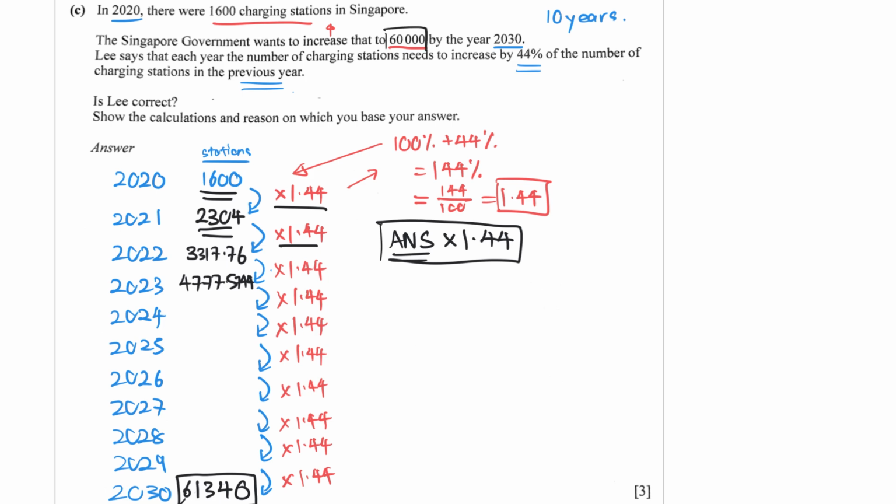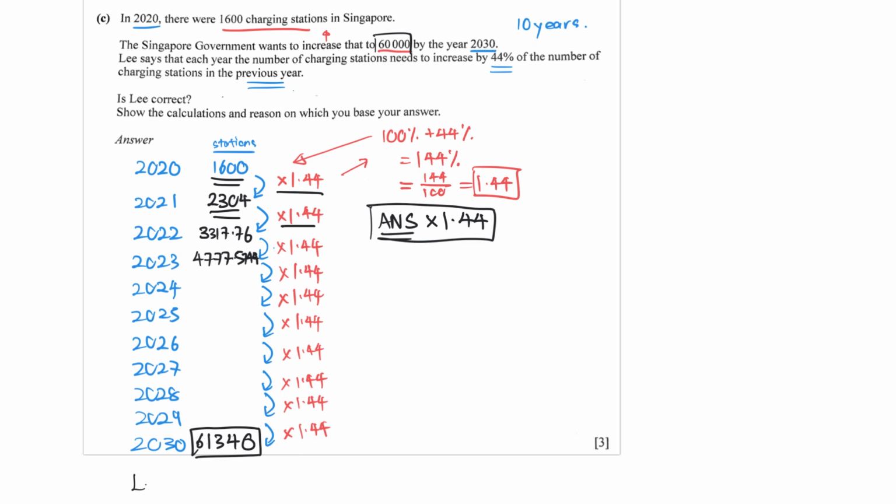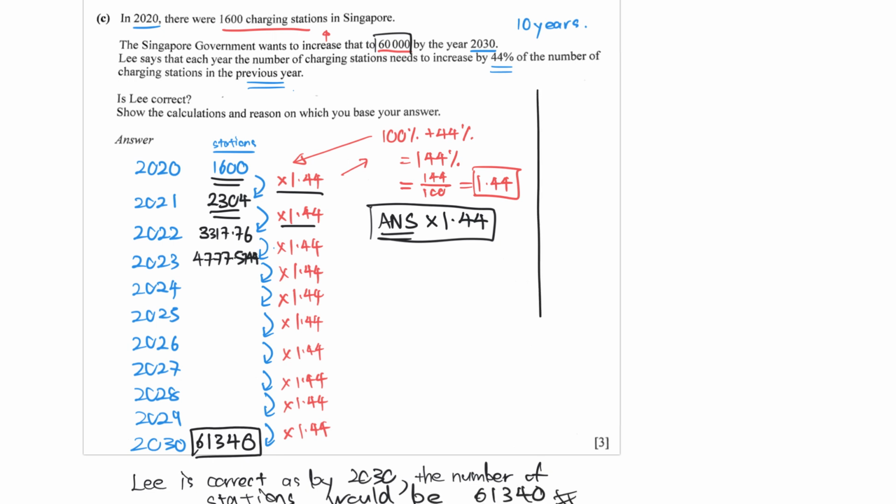So let me conclude here first, okay? So Lee is correct, as by 2030, the number of stations would be a total of 61,340. Okay, so this is one way of doing it.